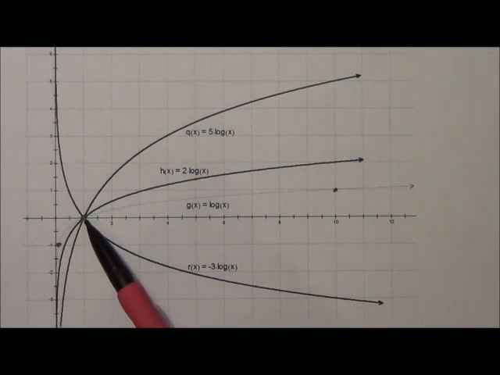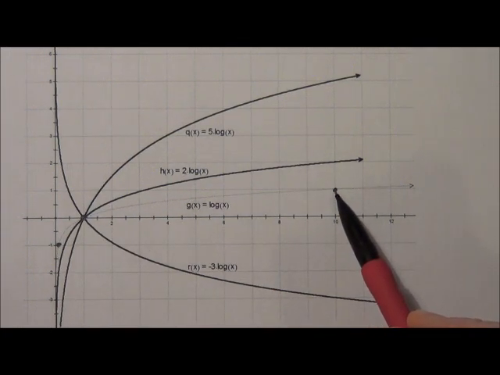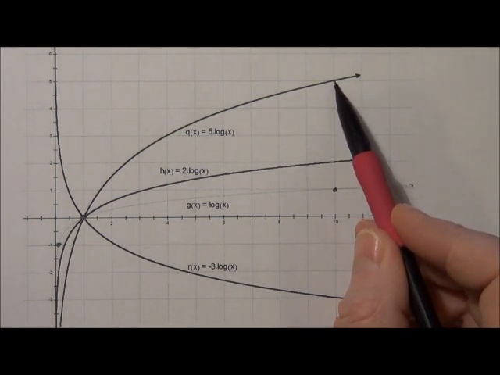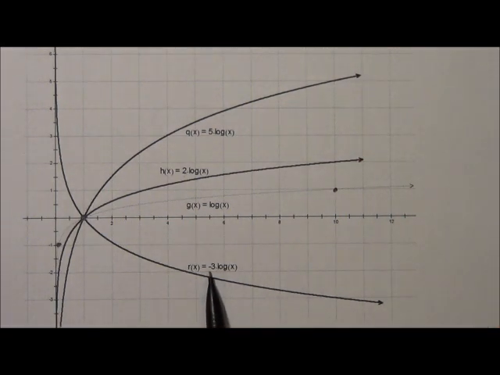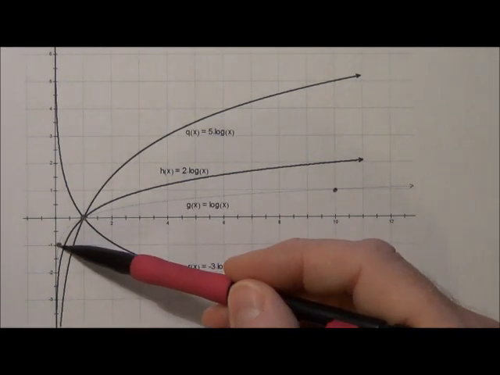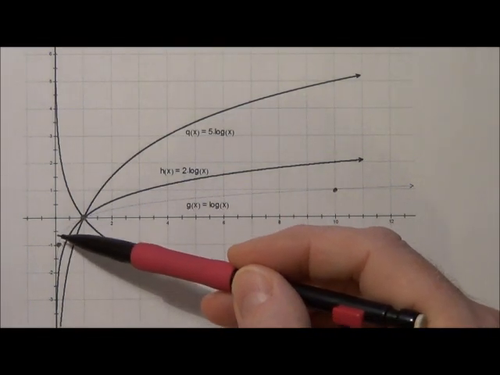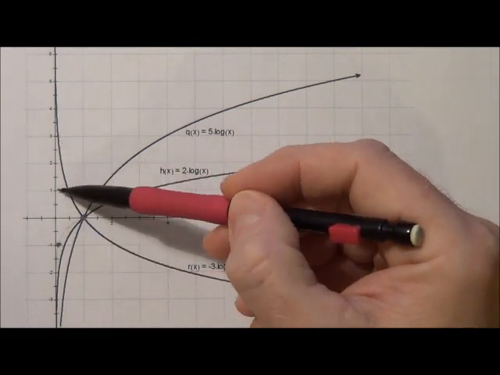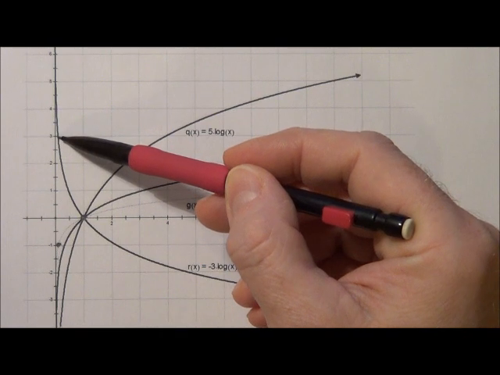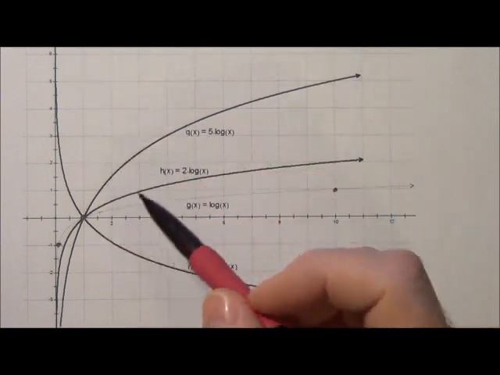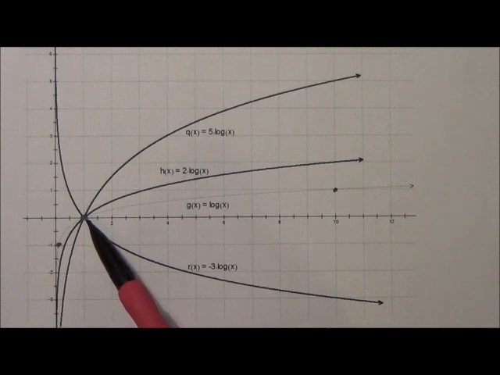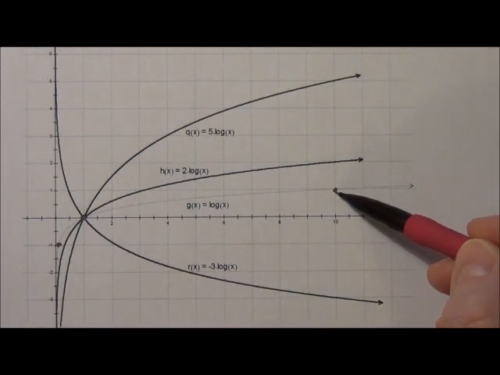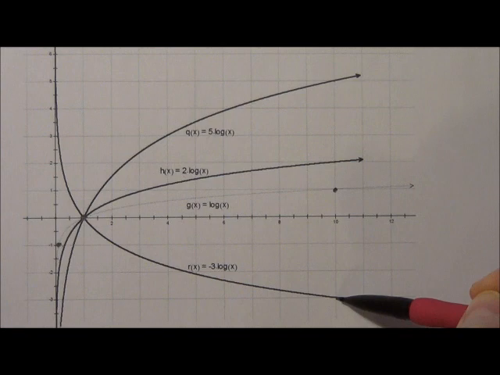This point (1, 0) stays at (1, 0) because 0 times 5 is 0, and this point of (10, 1) becomes (10, 5). And then here, when we're multiplying by -3, this point of (1/10, -1) becomes (1/10, 3). If we were to go directly vertically up, we see that that's the point (1/10, 3). (1, 0) stays the same, and this point of (10, 1) becomes (10, -3).